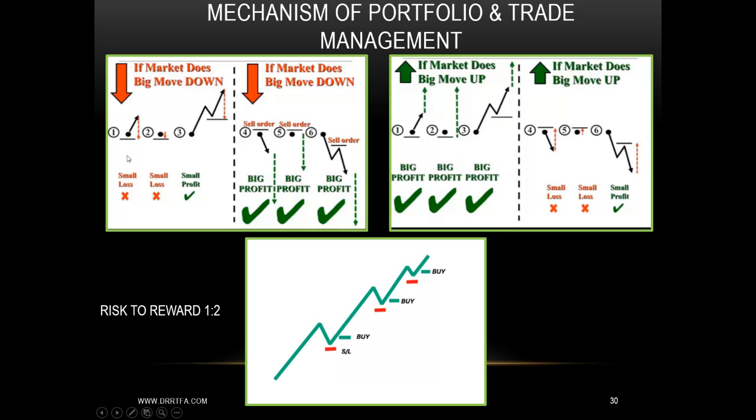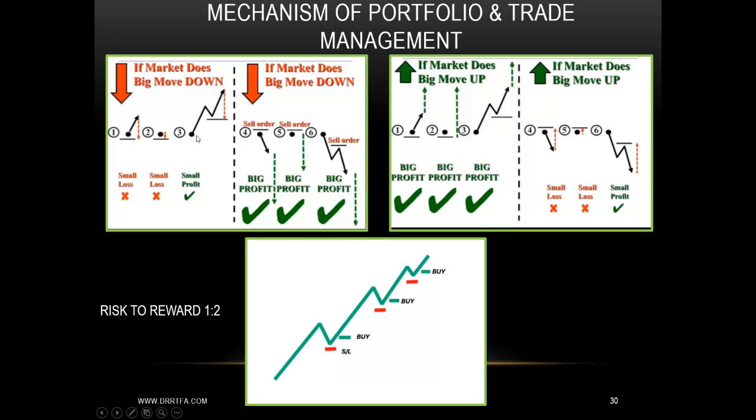If the market does a big move down and you are on the long side or the buy side and you have your stop loss at a logical location, then you have a small loss if the market moves against you. On the other hand, if it didn't go up in any way, you will also have a small loss.